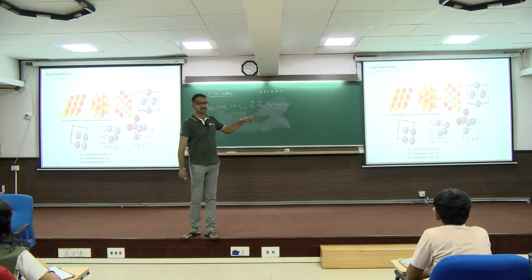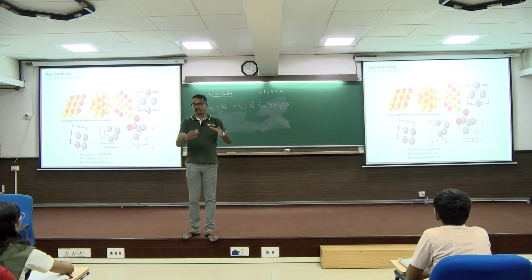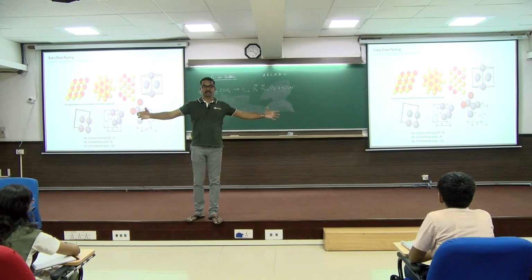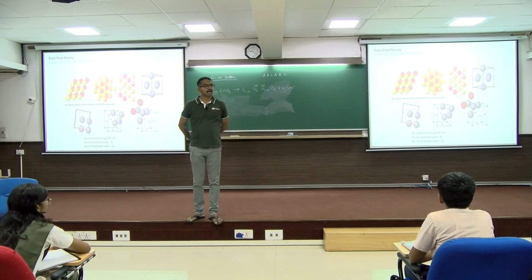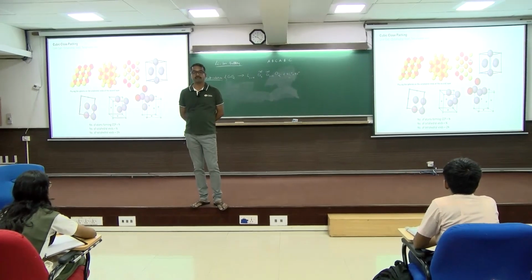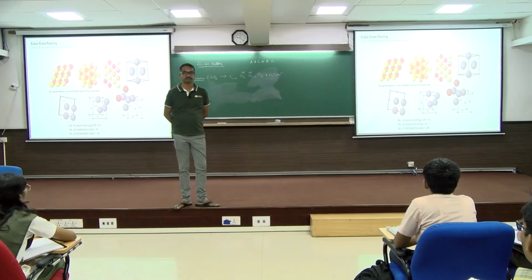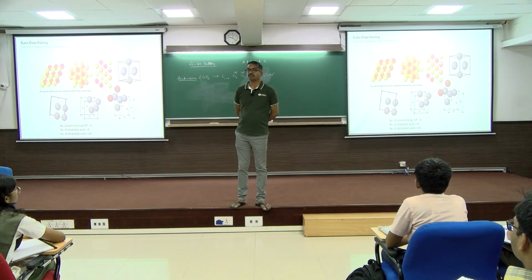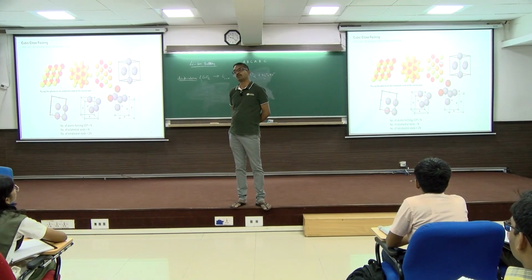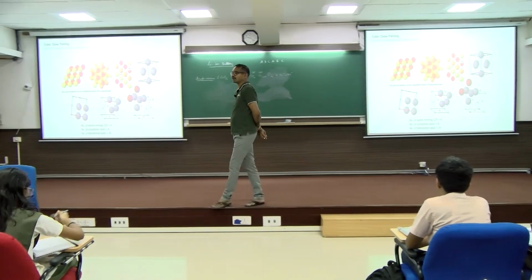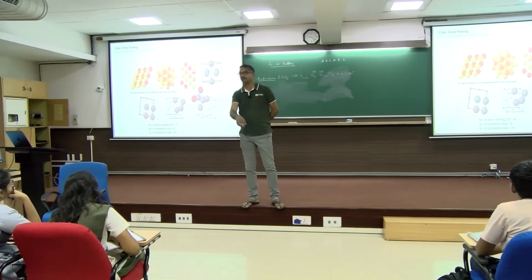Whatever I have drawn, this small box, is a unit cell, and if you repeat it, it will expand in space. So, the atom in the corner is actually common to multiple unit cells. How many unit cells share that corner atom? 8. So, the contribution of a corner atom to that particular unit cell is only 1/8. There are 8 of them, therefore 1 atom comes from the corner atoms to that unit cell.